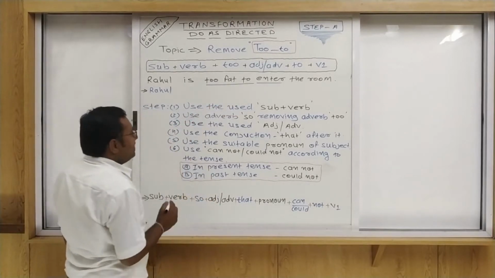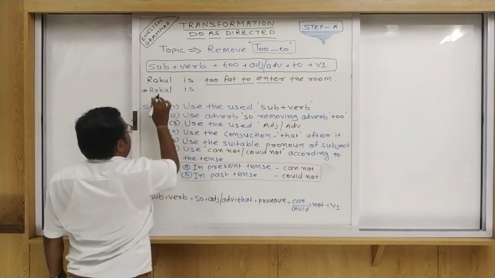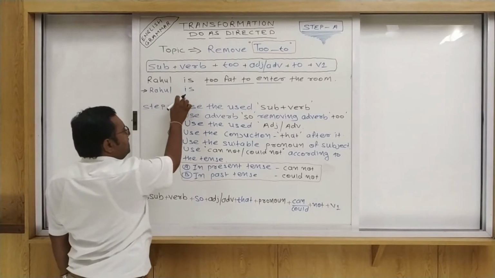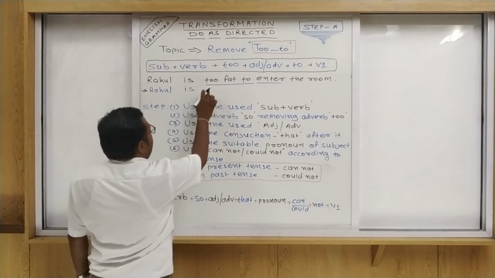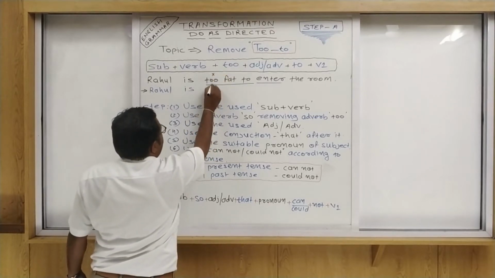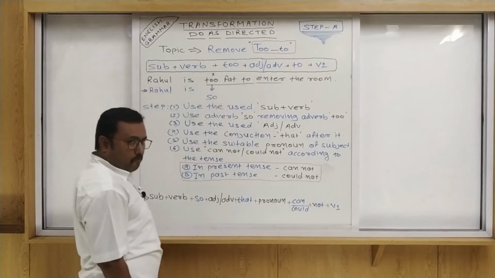So how can we make the sentence? The subject is Rahul, so we write Rahul. The verb 'to be' is 'is', so we write 'is'. Now we have to remove 'too' and write 'so'.